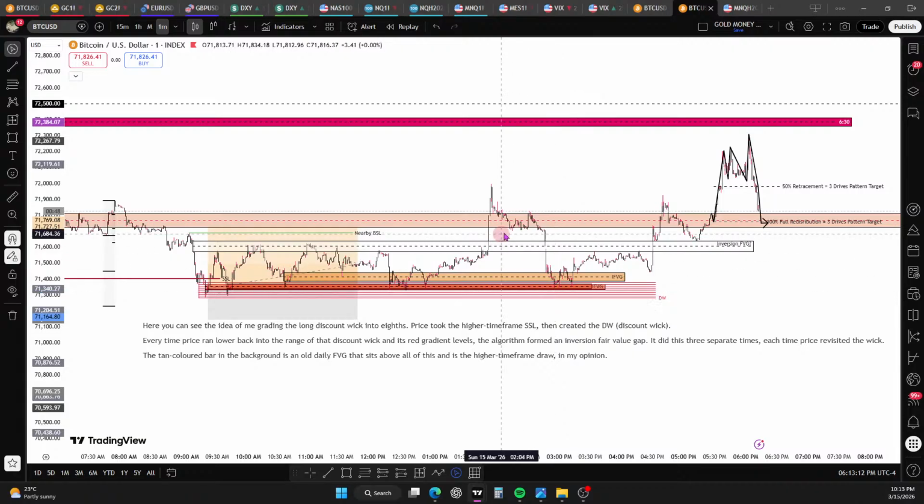It's three drives up, one, two, three, and in a lower context, it will be one drive and then two and then three.